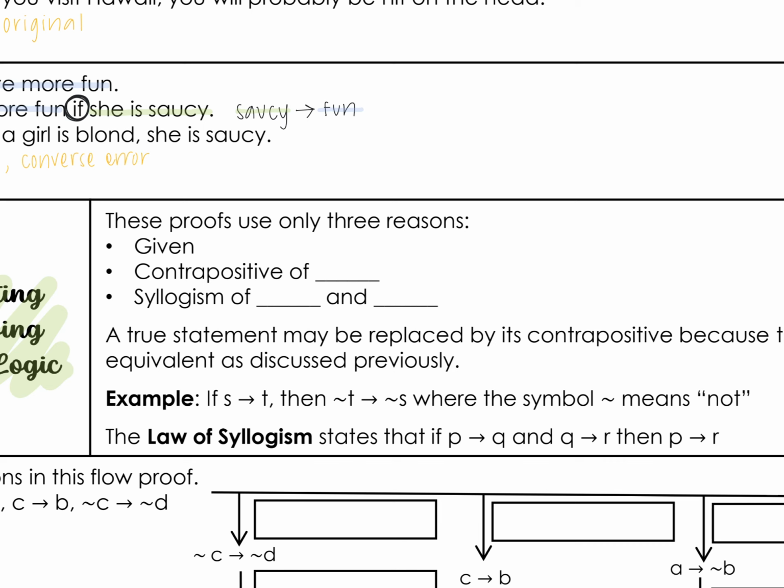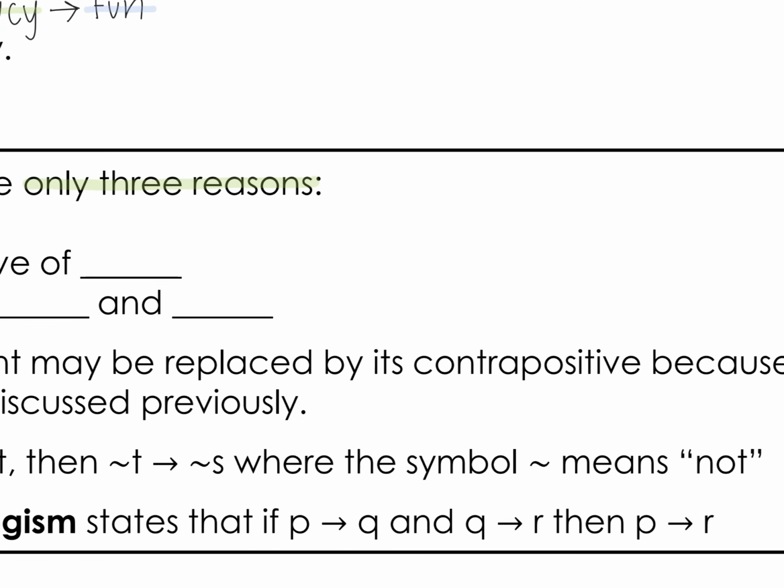Okay, so some things I'm going to highlight and talk about here. We've got the fact that there's only 3 reasons, so don't come up with any other ones. You only need to use one of these 3. And something I do want to mention here is that for our proofs, when you are giving a reason, you're telling me why.